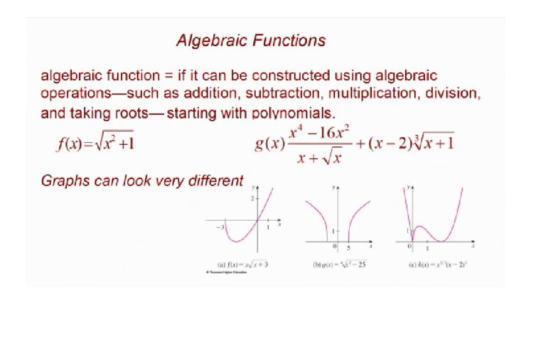And that looks a little bit more neat. But then down here, this third one, it's x to the 2/3, x minus 2, squared. And that looks a little different than what you typically see. But it's an algebraic function.